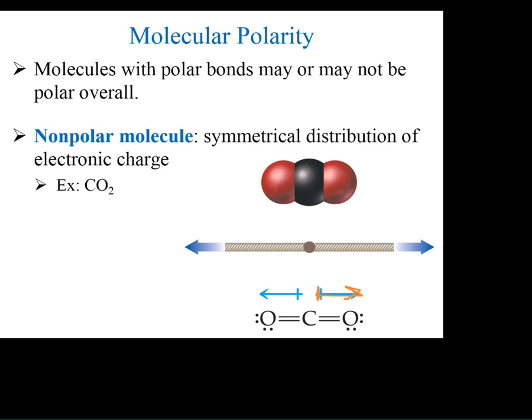And this oxygen is pulling towards itself this way. So I definitely have two polar bonds. But one of them is pulling left, and one of them is pulling right, and they have the exact same strength because they're both oxygens, right?